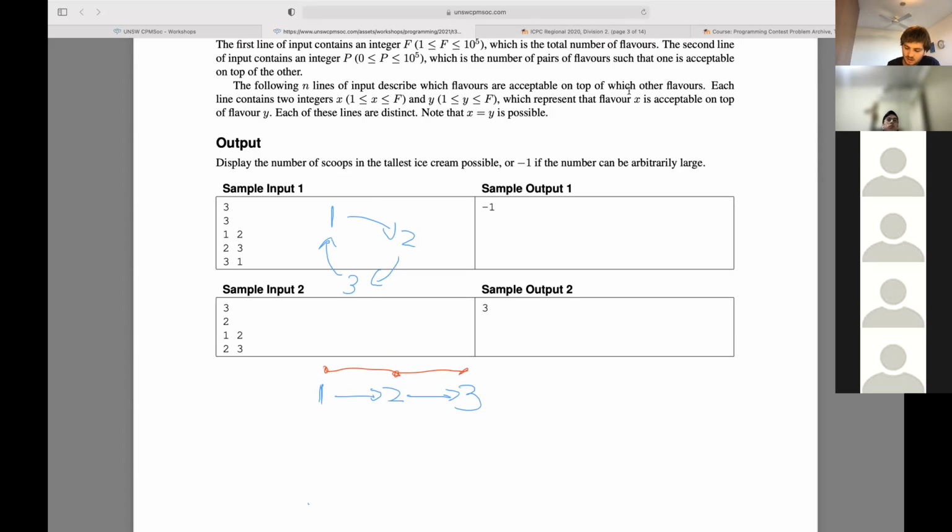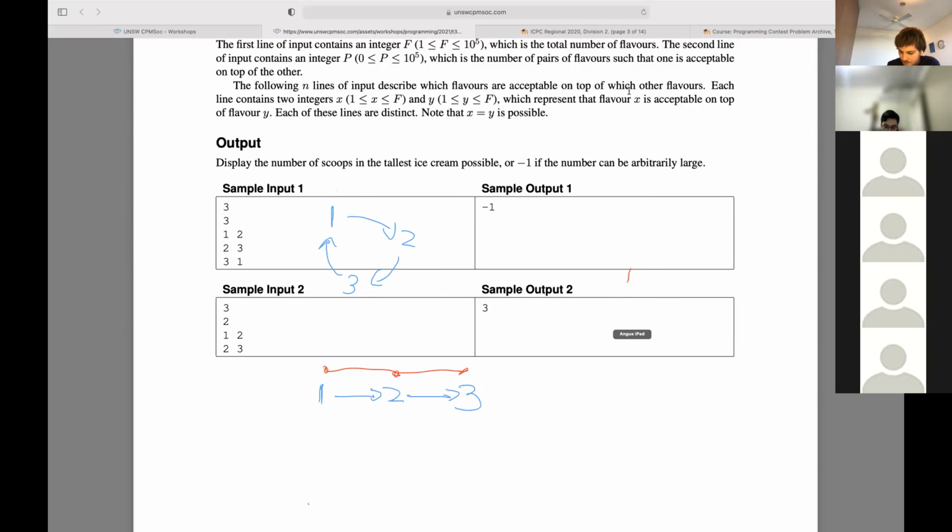So the reverse order, 3, 2, 1, or 1, 2, 3 from top to bottom, is a valid ice cream. In this first case, we can loop around as many times as we want, one loop, then a second, then a third, and we get the ice cream 1, 2, 3, 1, 2, 3, and go on forever.